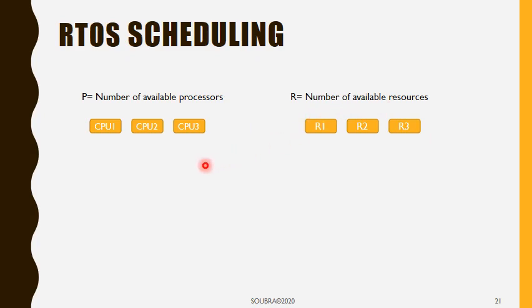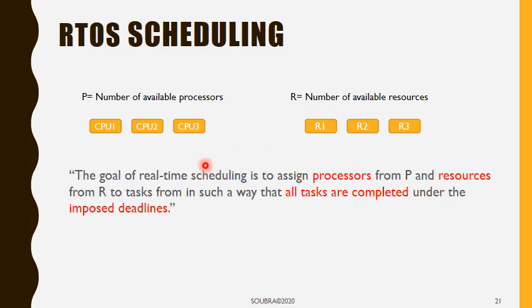Alright, and the whole idea is how to assign the processors and the resources in a way that all the tasks that we implemented respect their deadlines. Fair enough? Well, the whole idea of scheduling is to make sure that every task is respecting the deadline. And this is what we call the schedulability study, or analysis, of a system.